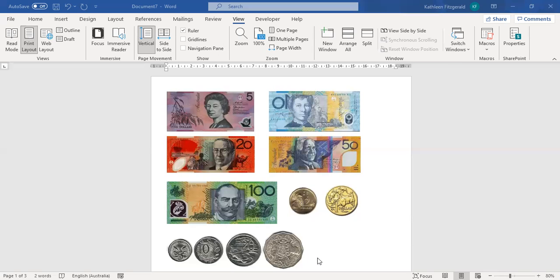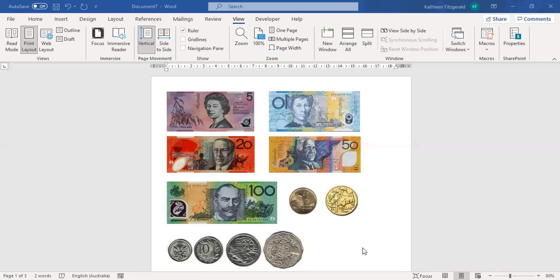Then in our denominations, or breaking down our 100 cents into smaller amounts, we've got a 50-cent coin, a 20-cent coin, a 10-cent coin and a 5-cent coin. We used to have a 1 and 2-cent coin as well, but they've been taken out of issue now because we don't use those amounts enough.